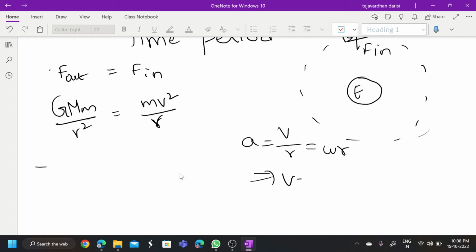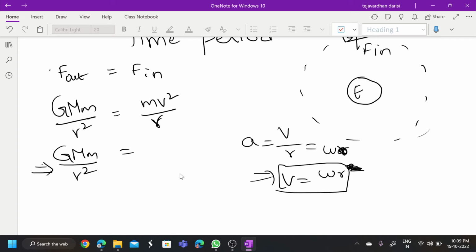So I am replacing v equal to omega r, the velocity of the satellite, here: G M by r square equals m omega r whole square by r.